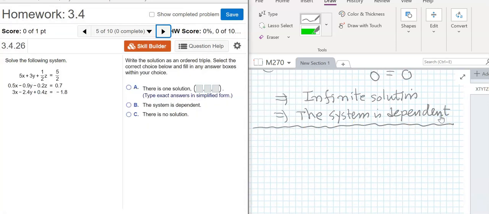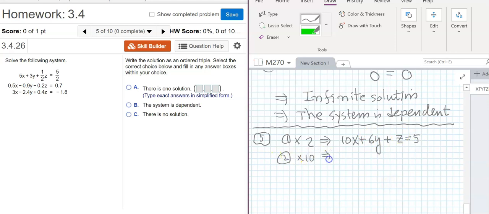Number 5 is solve the system. Now, what is the matter with number 5? It's got lots of fractions and decimals. So if I multiply the first equation by 2, it is 10x plus 6y plus z equal 5. Now equation number 2, I'm going to multiply by 10 because you have one decimal.